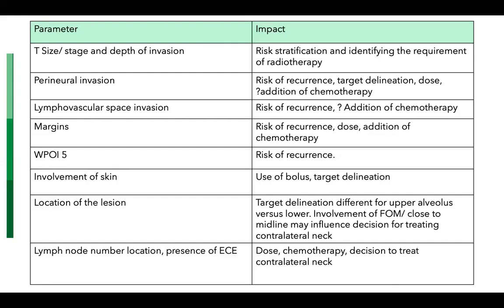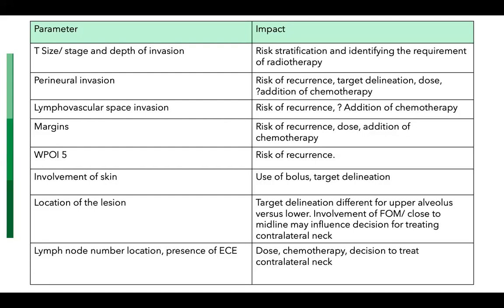So there is a school of thought that these patients should be offered chemotherapy, especially if they are young people in good fitness. And even in the NCCN guidelines, it is mentioned in the consider chemotherapy section.